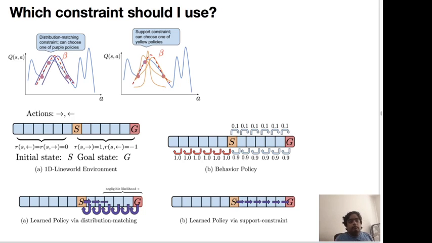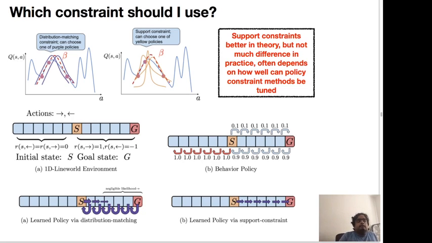Whereas if you only did a support constraint, in principle, you can just choose from either of the two actions. And because you have seen what happens when you go towards the right as well, although with very little probability, the resulting policy with a support constraint might still be able to recover the optimal behavior of going towards the right. And the optimal behavior in this problem is to go towards the goal, which is what you really want.